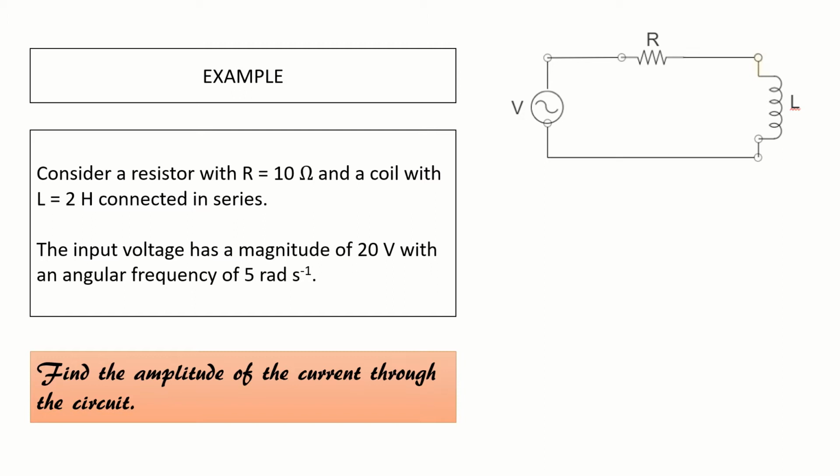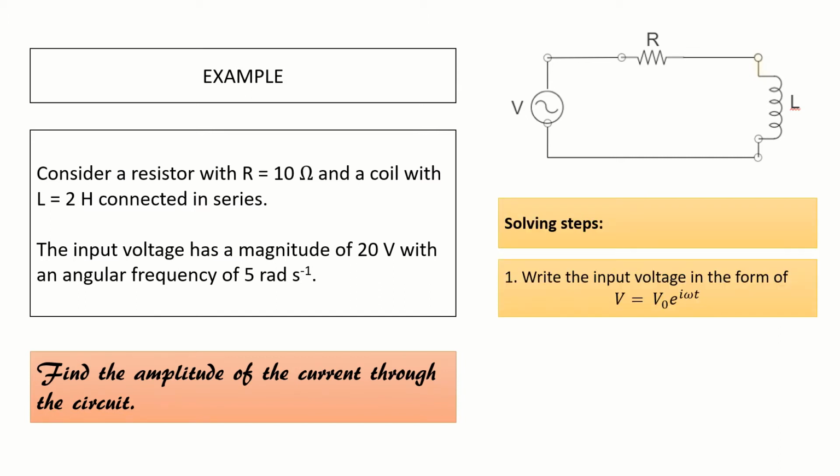The first thing we need to do is to recognize that the input voltage is going to be a sine or cosine wave, and this can be written in the complex form as V equals V naught e to the i omega t. The V naught here is the magnitude, which is 20 volt, and omega is the angular frequency.